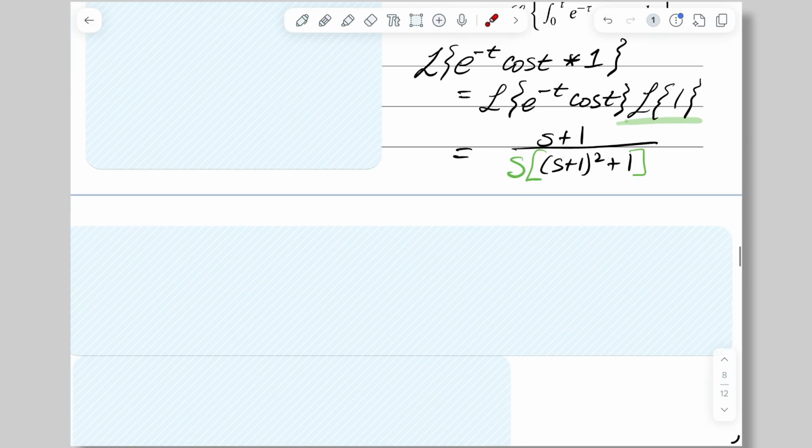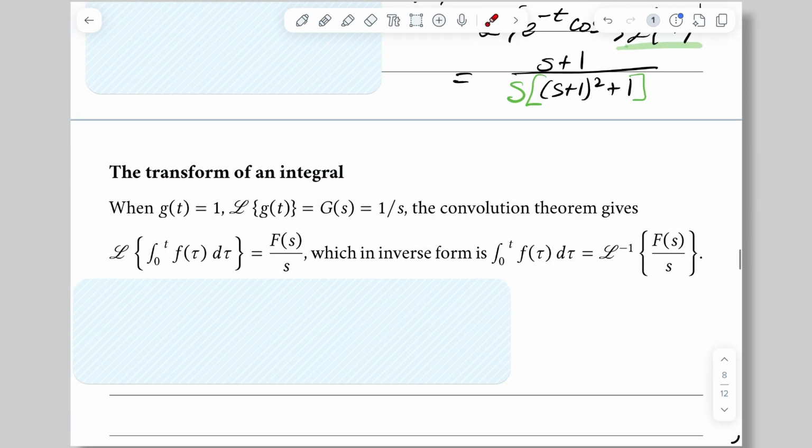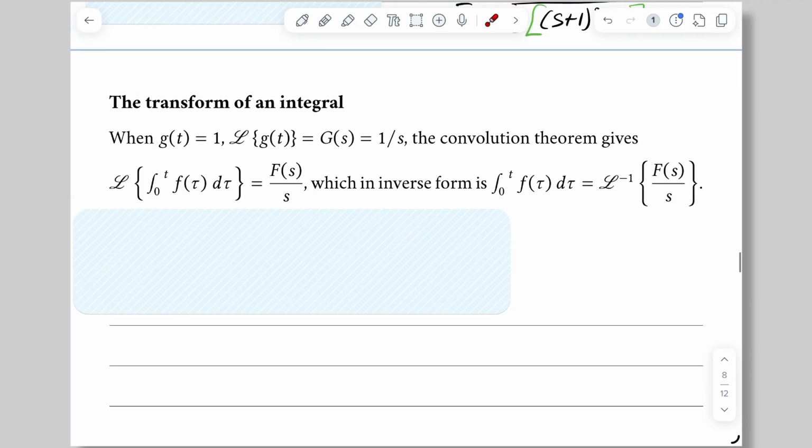This idea is going to carry through into the idea of a transform of an integral. When g of t is 1, the Laplace transform of g is 1 over s.